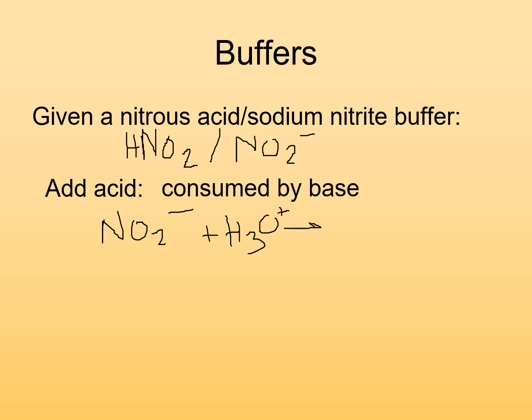And remember we said that this is always going to produce some sort of water. So the hydrogen from hydronium is going to be absorbed by the base. So it will make the nitrous acid and water.